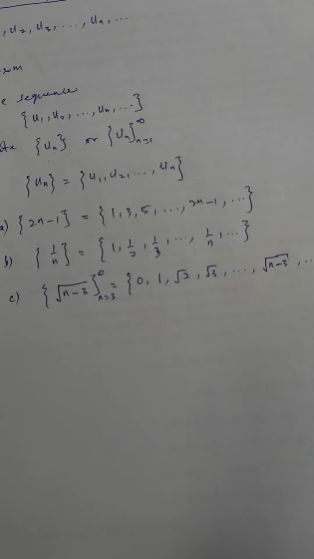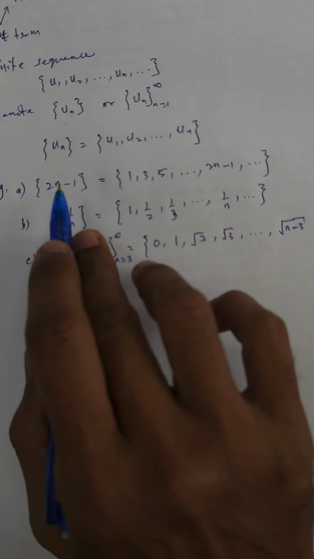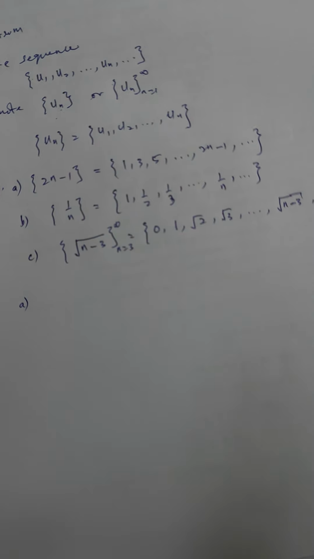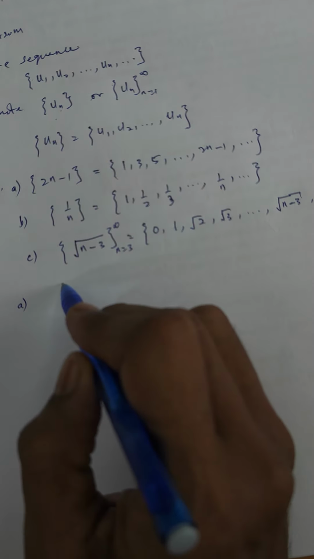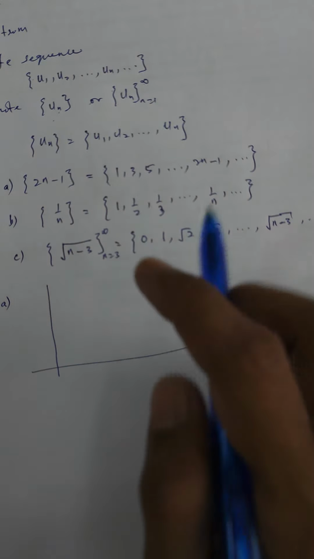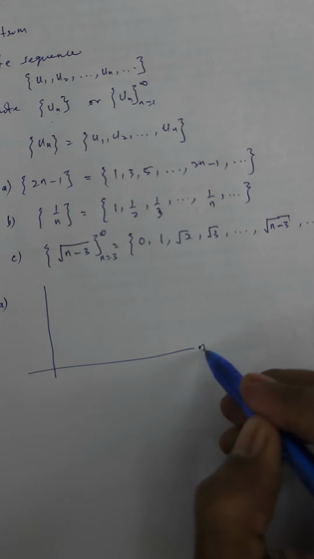Now if you look at these one by one, for example sequence number 1, sequence A, if you want to sketch it to visualize this more clearly, this is our n, right?